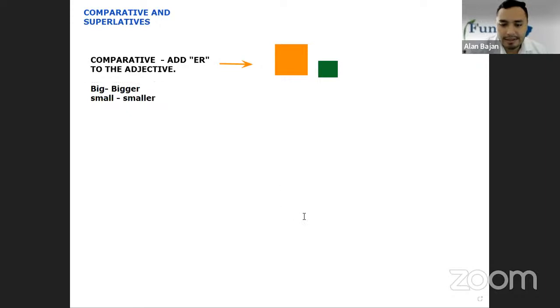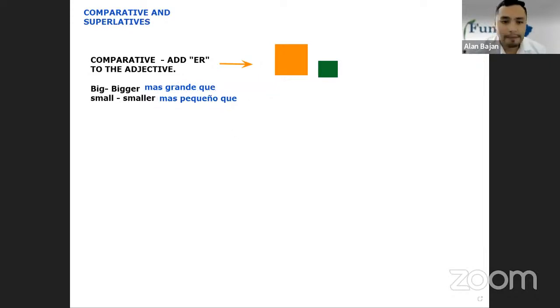And basically, what that means is in English, they don't say more big, más grande. No, they use comparatives.